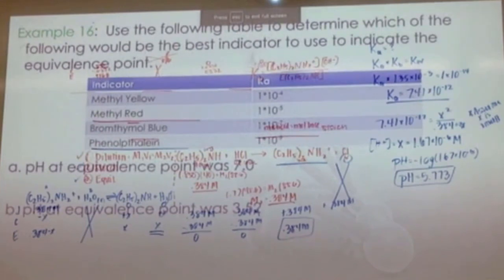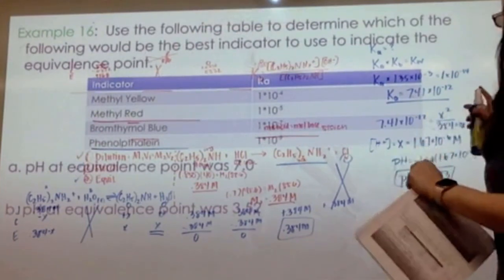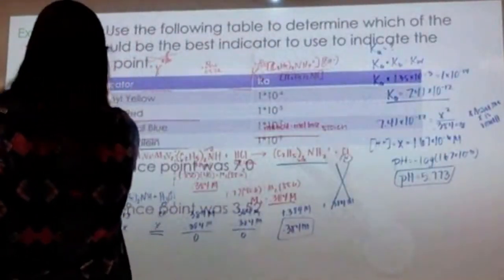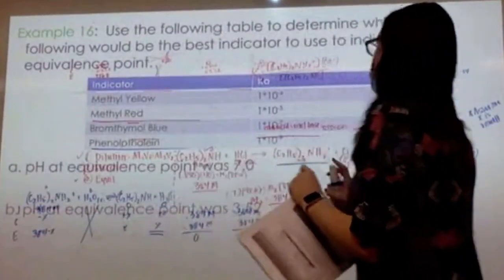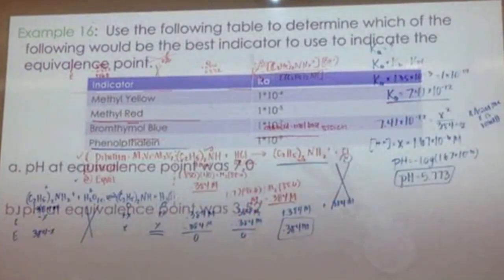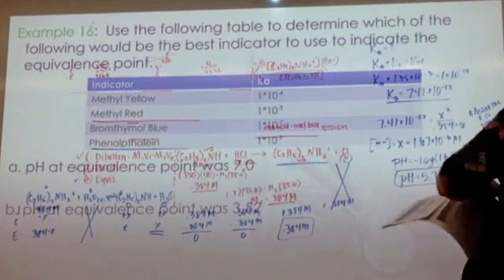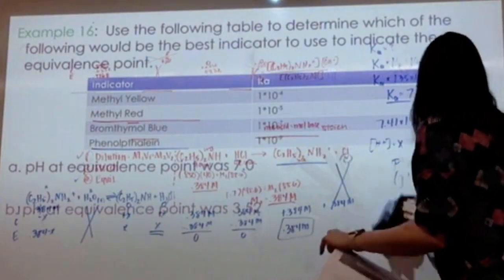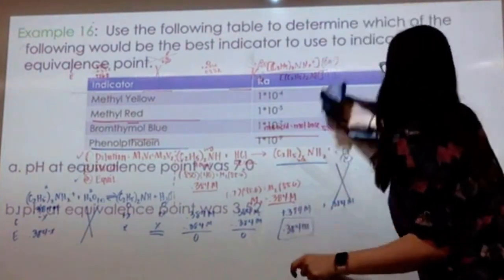So example 16: use the following table to determine which of the following would be the best indicator to use to indicate the equivalence point. So we have two parts here, A and B, which are pH at different values.